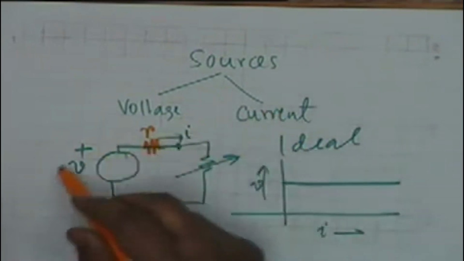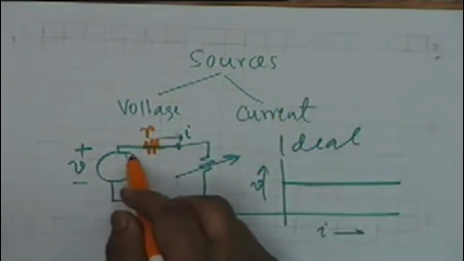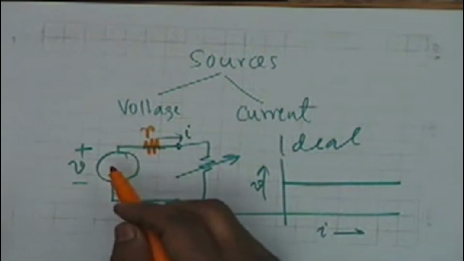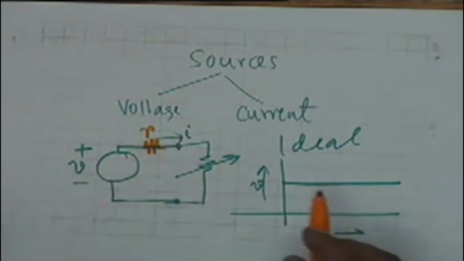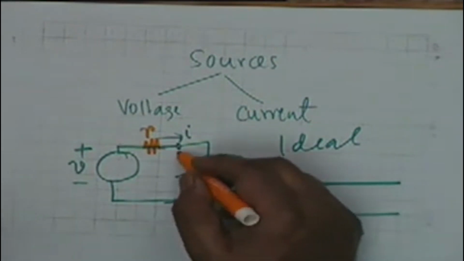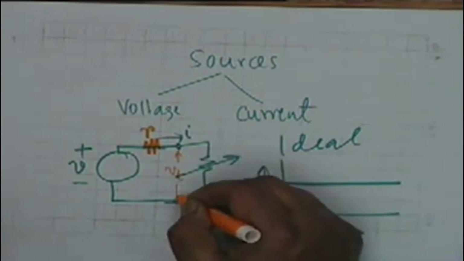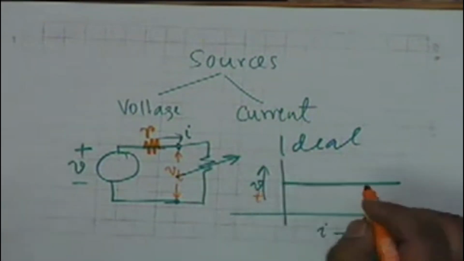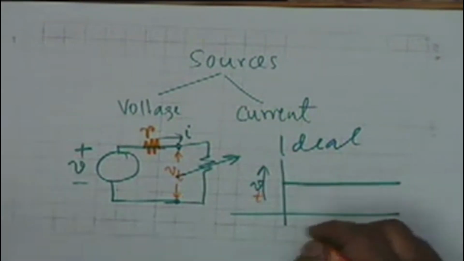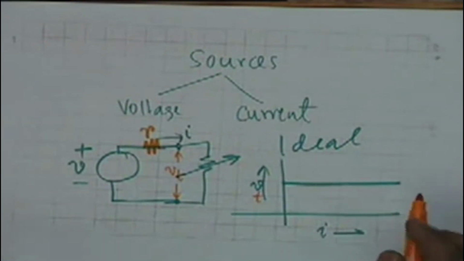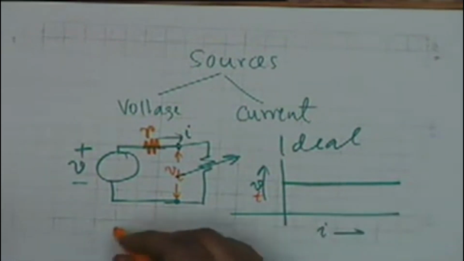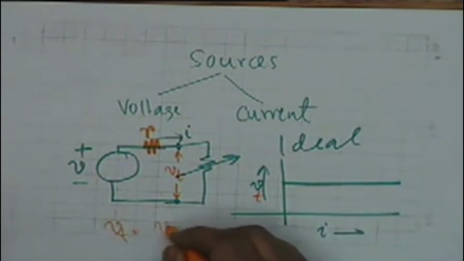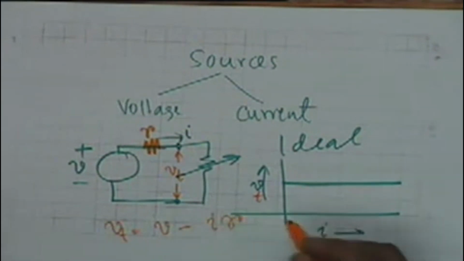A non-ideal voltage source shall be modeled as an ideal voltage source V in series with a resistance r. Therefore if you plot the terminal voltage, let us call it Vt, versus I, the curve shall no longer remain parallel, but it shall droop, because Vt is V minus I r.